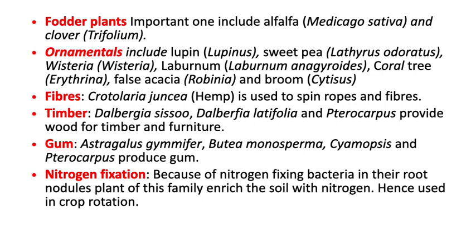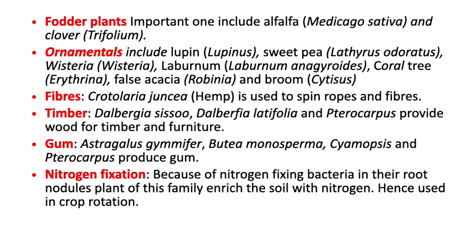Important fodder plants include alfalfa, Medicago sativa, and clover, Trifolium. Ornamental plants include Lupinus, sweet pea, wisteria, laburnum, coral tree, Erythrina, false acacia, and broom. Crotalaria juncea, sunn hemp, produces fibers which are used to spin ropes.